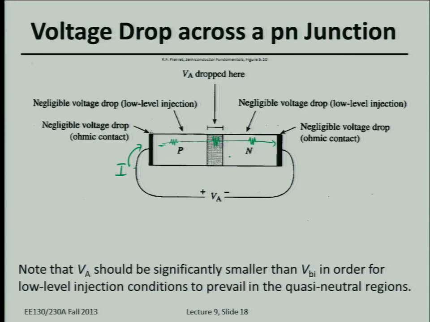So again, where is most of the voltage going to drop when you have the same current flowing through all three of these resistors? The depletion region, right? Because the depletion region effectively has the highest impedance. These doped regions are going to be electrically more conductive than the depletion region. So when we apply a voltage to the p-n junction, we're just going to assume the main thing it does is change the voltage drop across the depletion region.